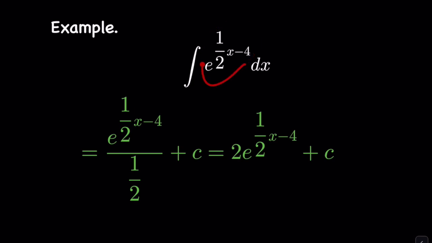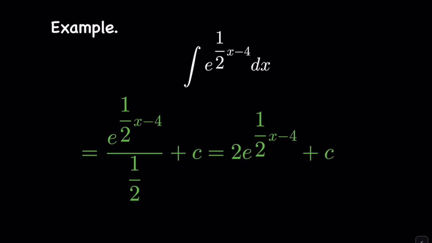The antiderivative of the exponential function is itself, but I need to divide by the coefficient of x in the linear term, which is 1/2. So the antiderivative is going to be e to the 1/2 x minus 4 divided by 1/2.